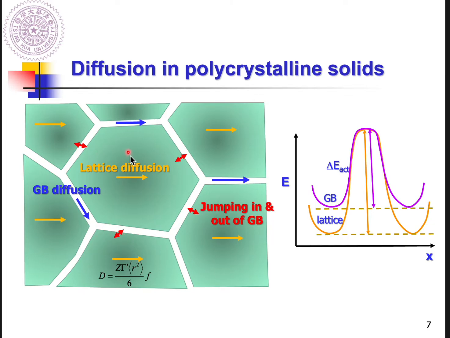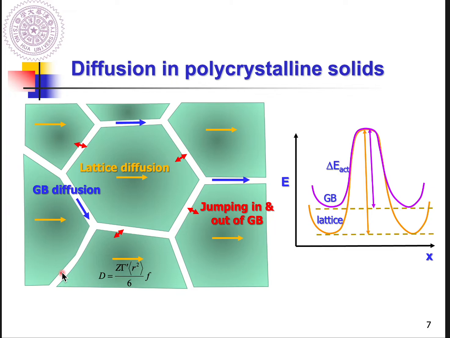Even though these materials are polycrystalline, the grain size and the volume fractions of grain and grain boundary differ. So we have a diffusivity for the grain boundary and a diffusivity for the grain, and we need to consider the volume fractions of each.